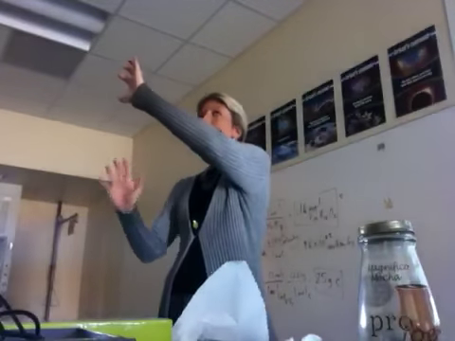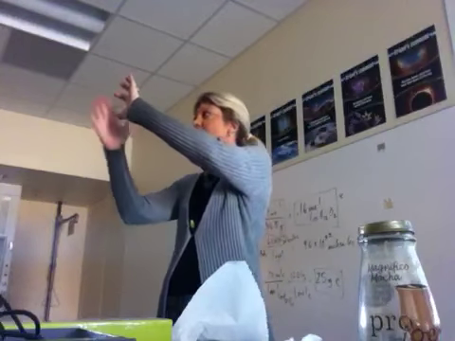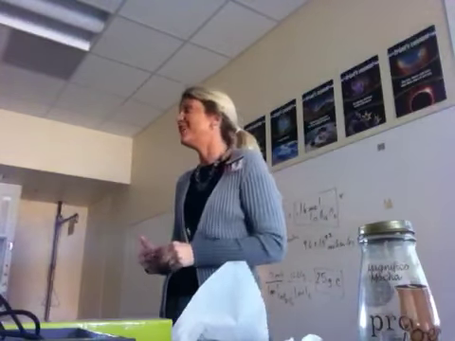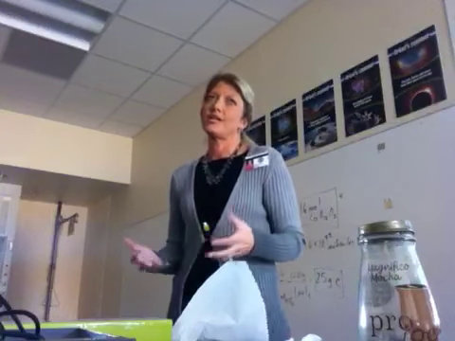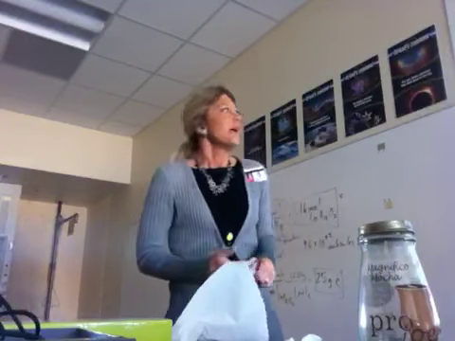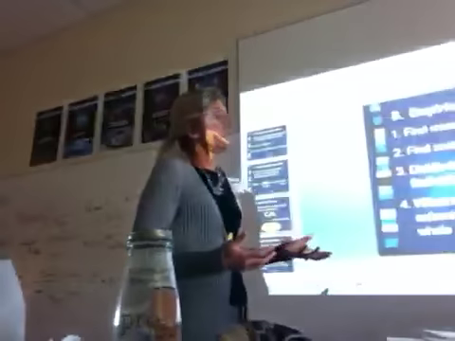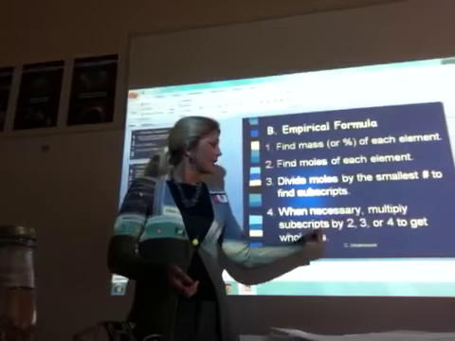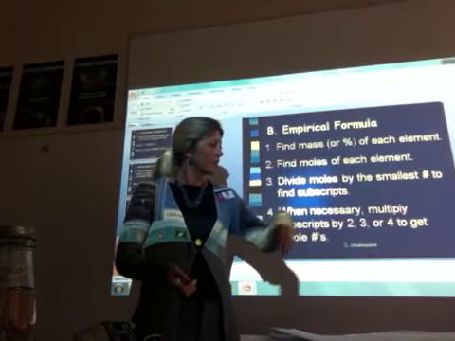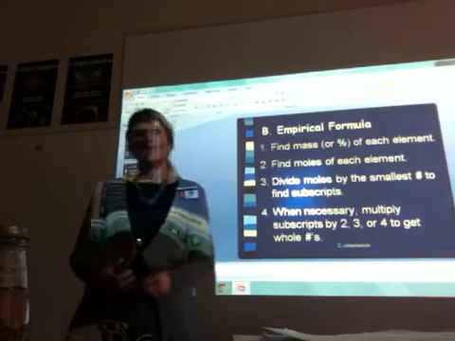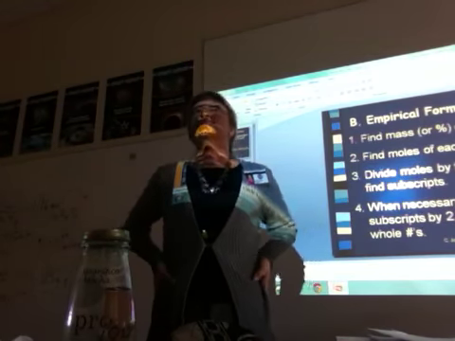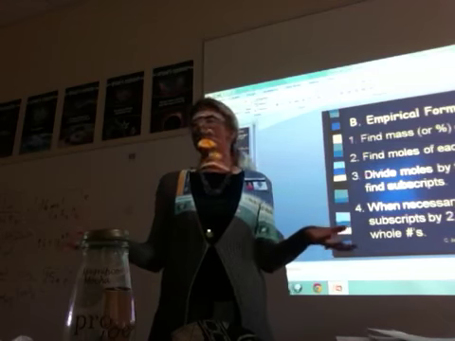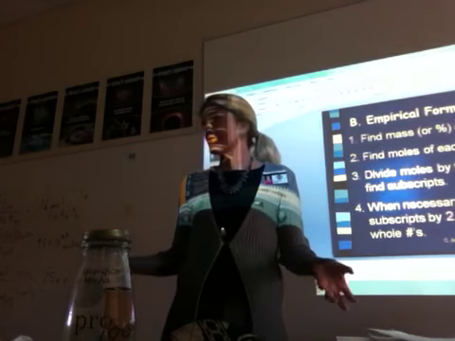You look at your mole amounts, you literally find the smallest one and you divide by that one, just like you would in math class to put it in a ratio form, okay? When necessary, you may need to multiply subscripts by 2, a 3, or a 4 to get whole numbers. We're not going to have a 1.5 as a subscript. They're going to have to be whole numbers, okay?